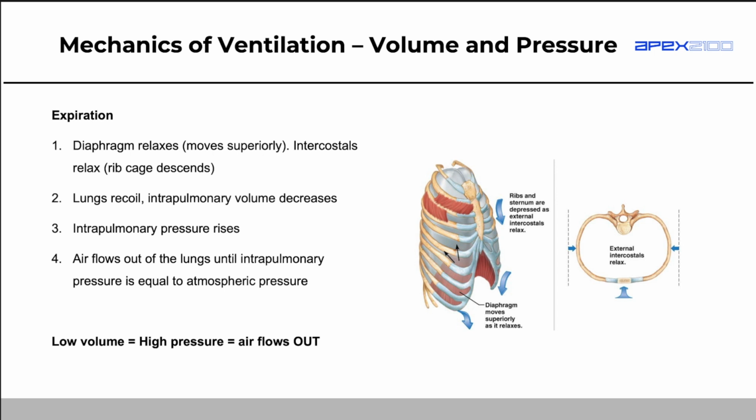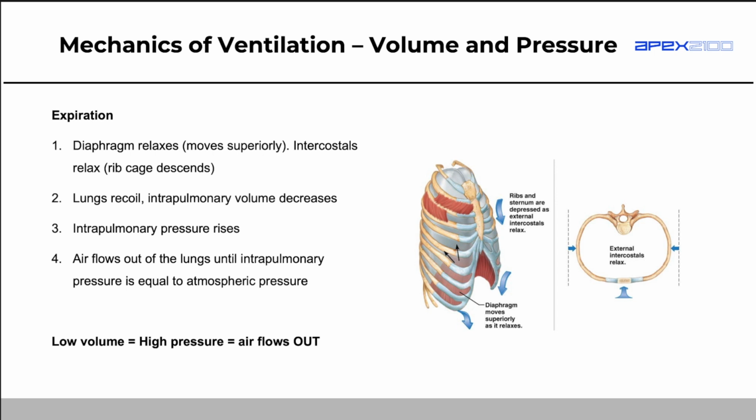So air flows out of the lungs until the pressure again is equal to the atmosphere. So remember, high pressure air always wants to go to where the low pressure is. So by reducing the volume of the lungs, we're creating a high pressure within the lungs so that air will flow back out into the atmosphere.